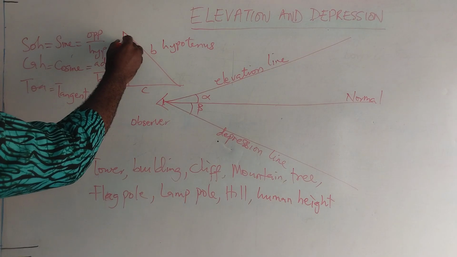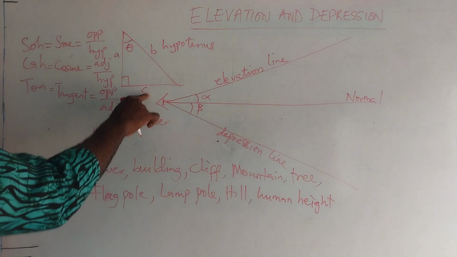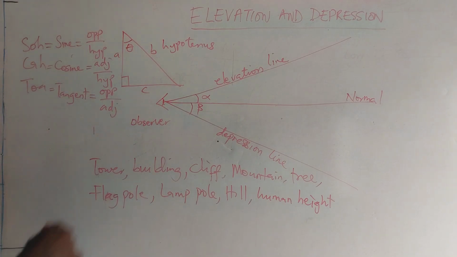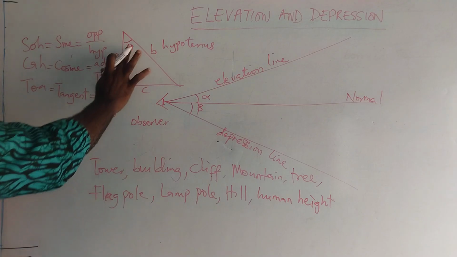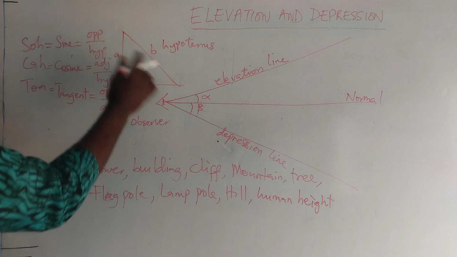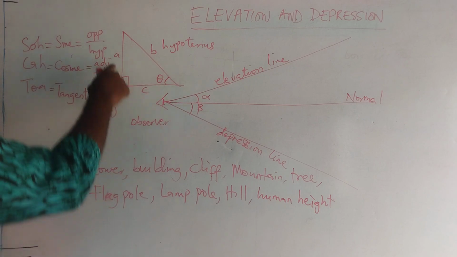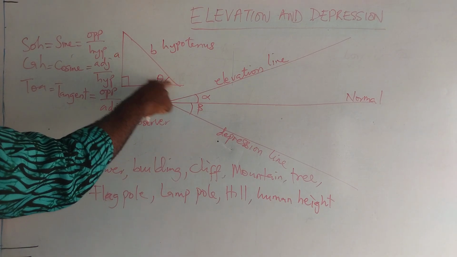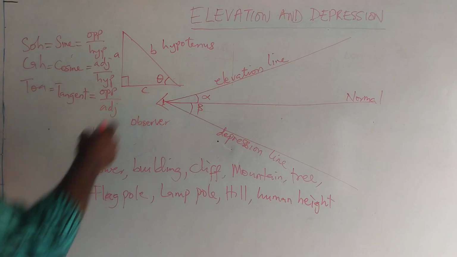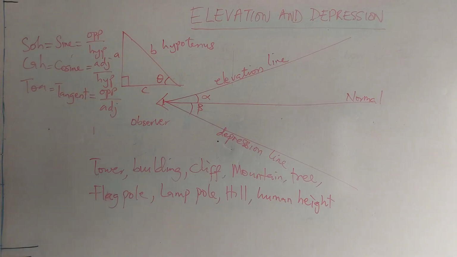If the angle is up here, let's say theta, C becomes the opposite, the side facing the angle, while A is the adjacent. But if you change the position of the angle down here, A becomes the opposite, the side facing the angle, while C becomes the adjacent.